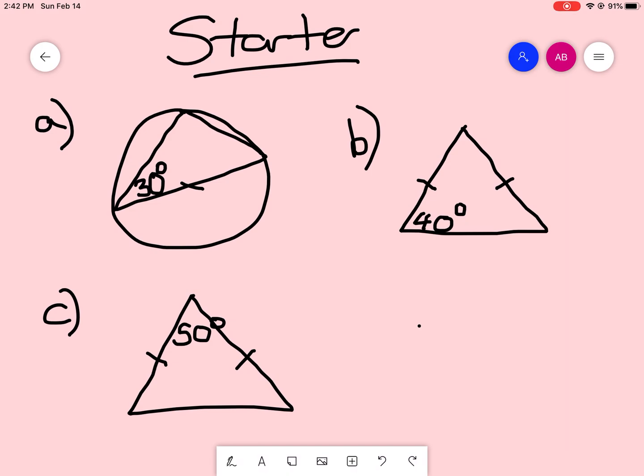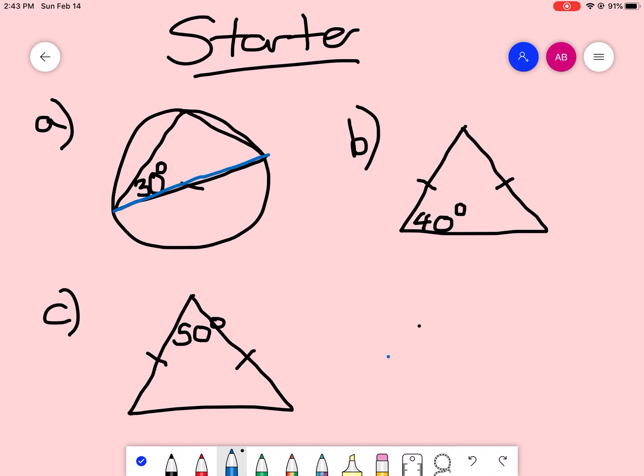Right, part A here is dealing with the triangles inside circles stuff that we were looking at on Thursday, and we did some on Friday as well. So the main thing to notice here is that we have a diameter going through the centre of the circle and two lines coming from the diameter which make up the triangle.